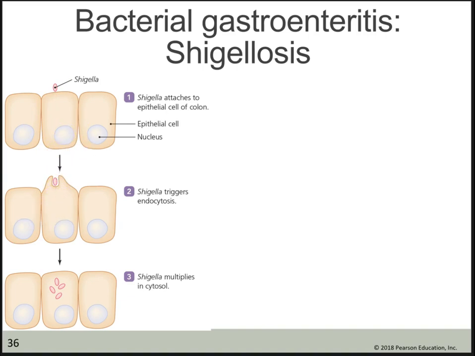This bacteria induces endocytosis. So epithelial cells typically don't endocytose bacteria, but Shigella induces endocytosis, and that allows the bacteria to come in the vesicle. And then the bacteria Shigella breaks out of that vesicle to replicate in the cytosol.